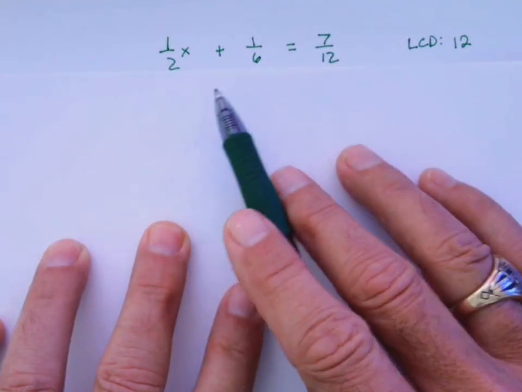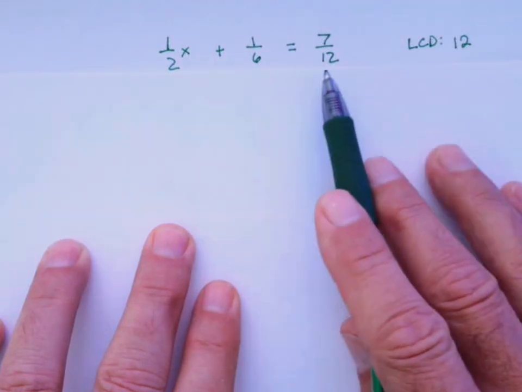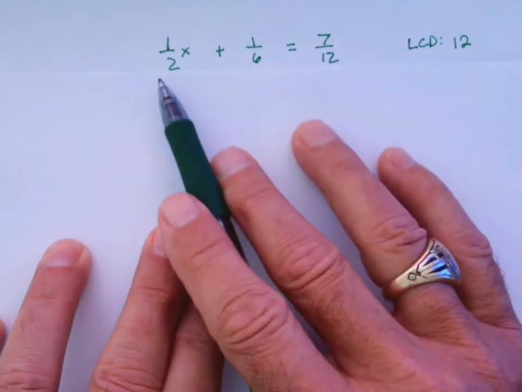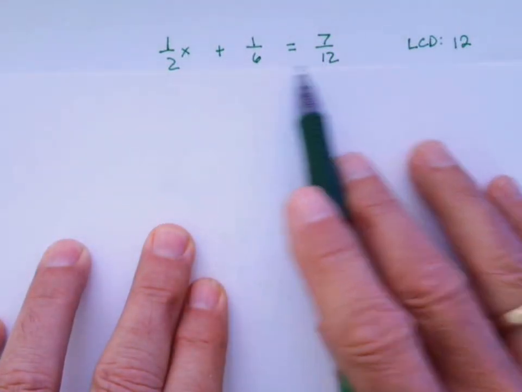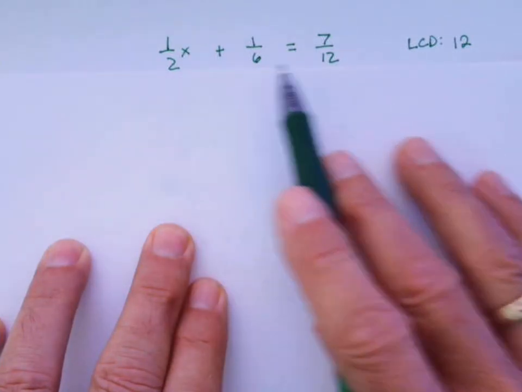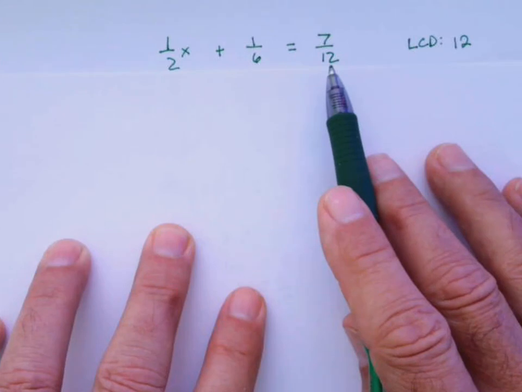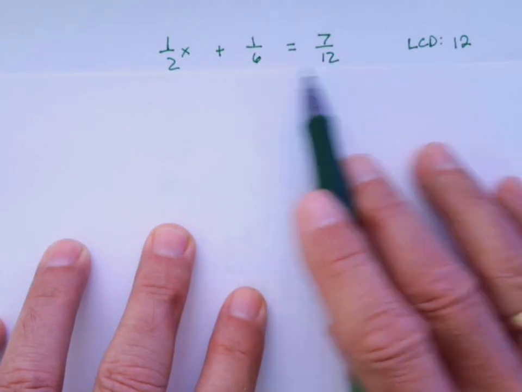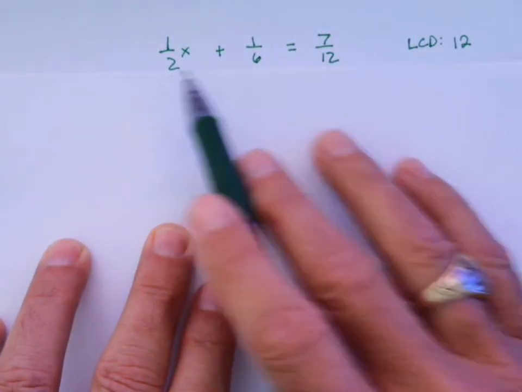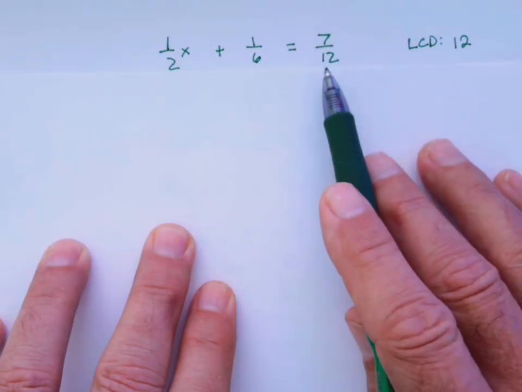The easier thing to do is just get rid of the denominators. So the way you do this is you take a look at all the denominators and ask yourself, what is the lowest common denominator? Or what is the least common multiple? In other words, what is the smallest number that 12, 6, and 2 can divide into? Well, it can never be smaller than the biggest number, right?